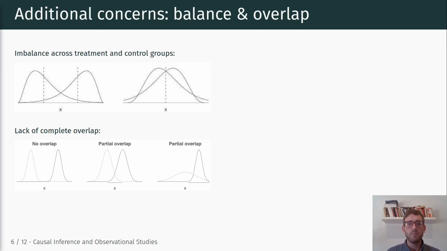So what do balance and overlap mean? Balance basically refers to the comparison of the distribution of potential confounding factors across the treatment and control group, right? This could imply, for example, that the average level of some confounding factor differs.